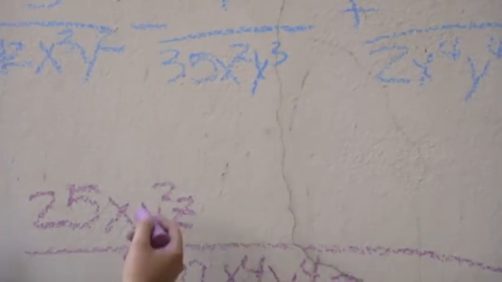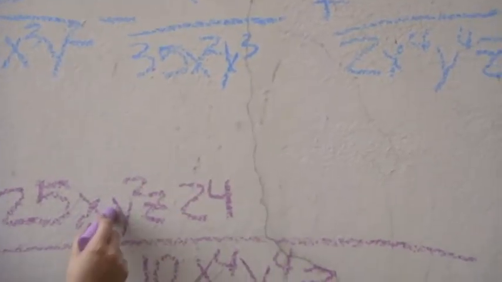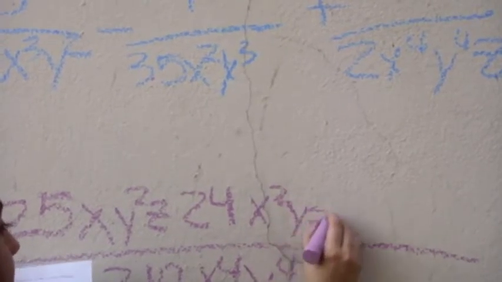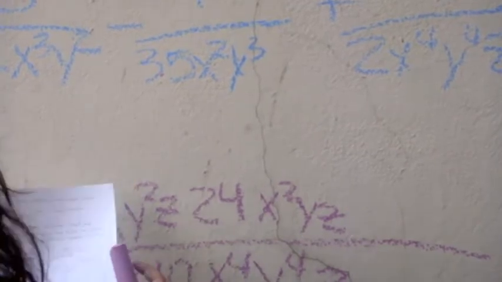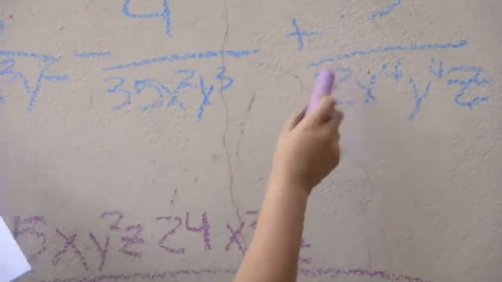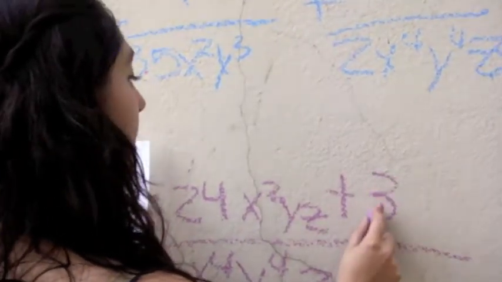So we will multiply the 4 by 6, which is 24. And we will do the same with this set of variables, which will be x squared, y, c. And finally, we will multiply 3 by 105 because we multiplied 2 by 105 to get 210. So it will be plus 315.